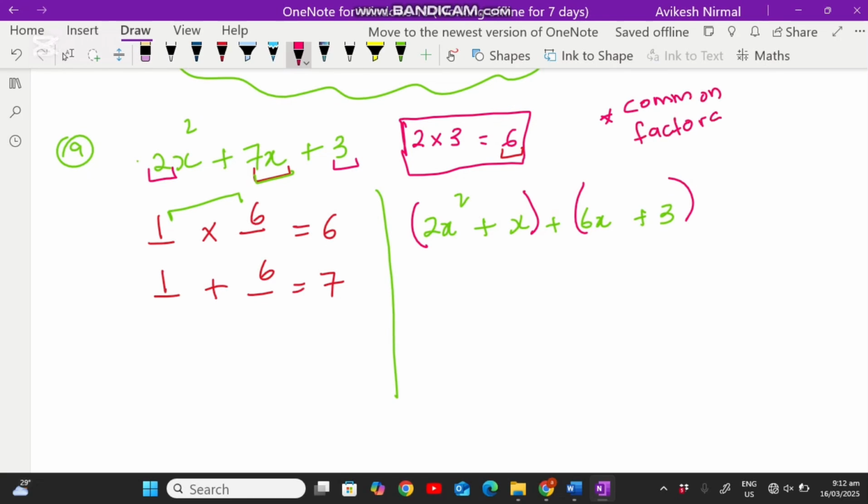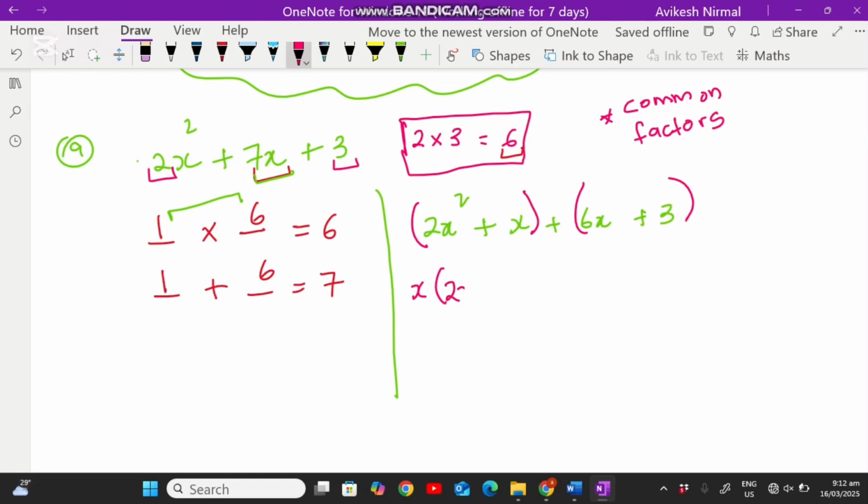This is the first factorizing method you learned in year 11. So what is common in this bracket? That's x. So I'll put x outside. Inside I'll multiply by a number that gives me back 2x.